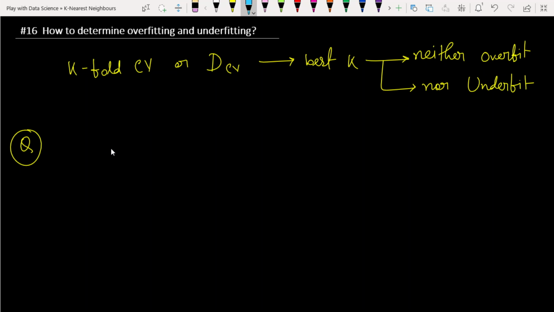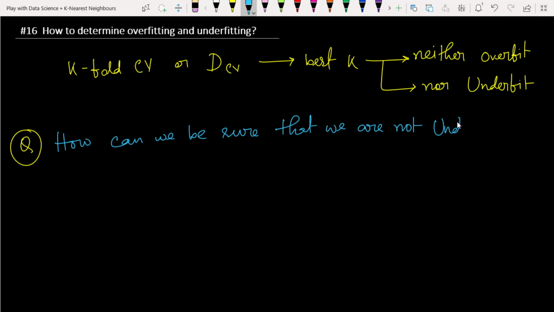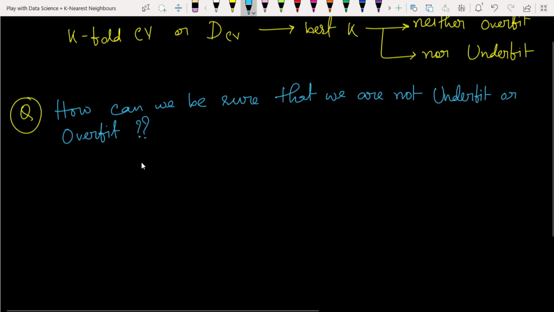Now the question is: how can we be sure that we are not underfitting or overfitting? How can we be sure about this thing?